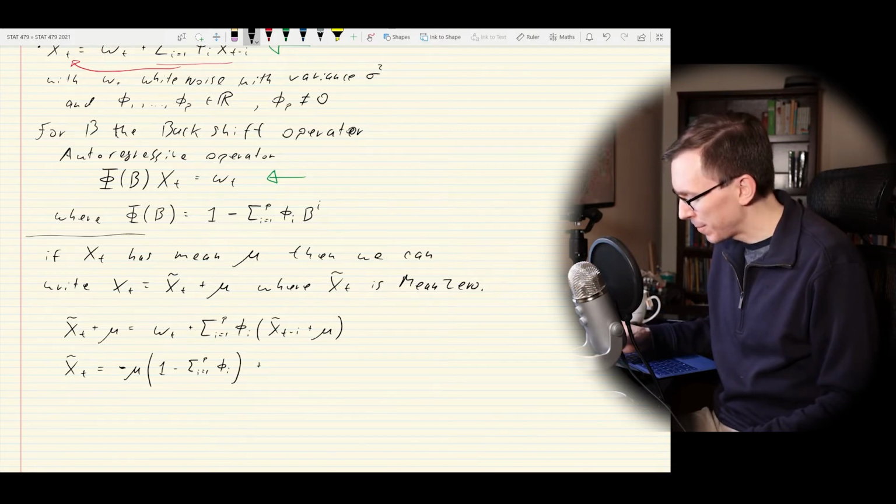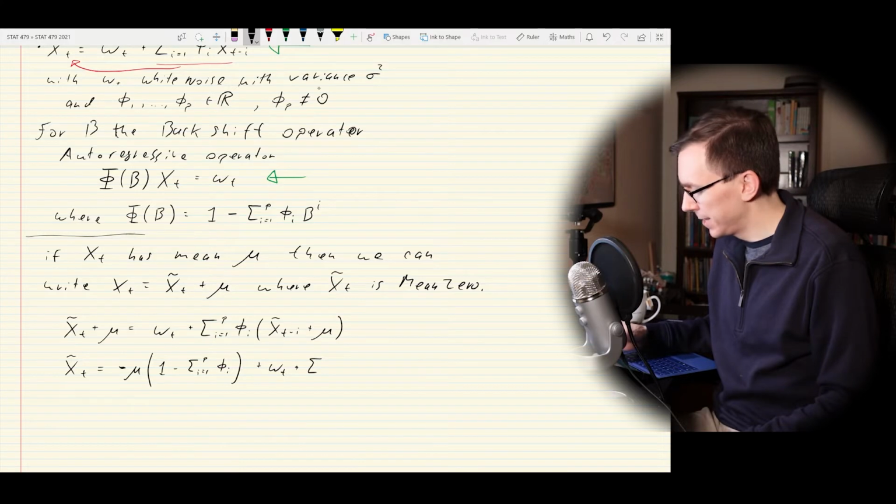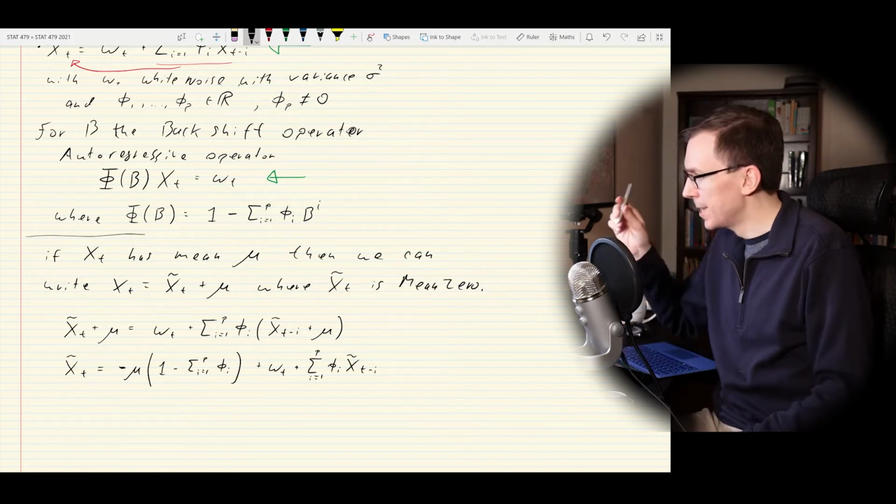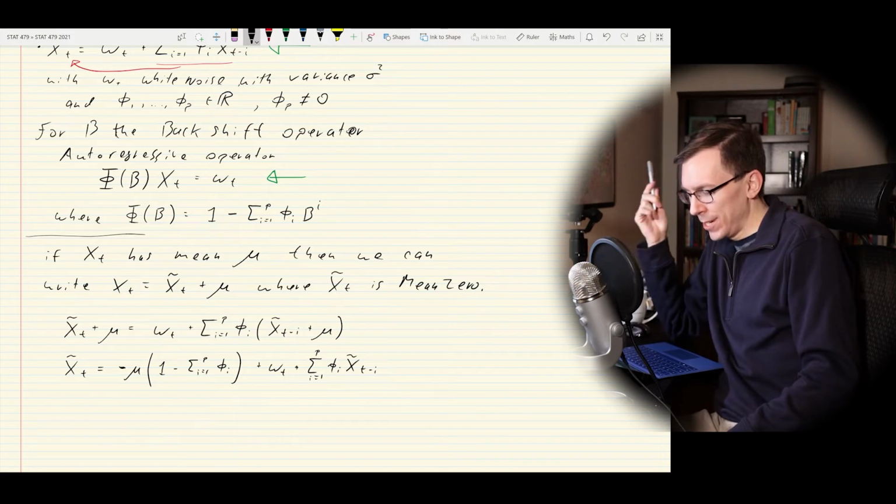And then I have all the other pieces, which is the wt plus the sum of i from 1 to p of phi i xt minus i, but that's an x tilde. So what did we do here?